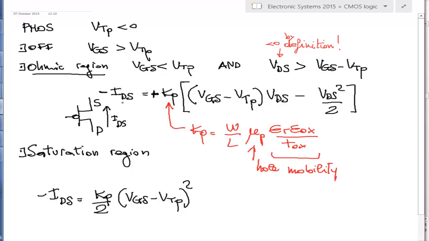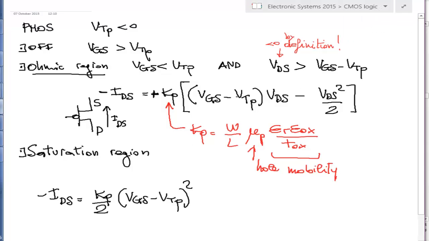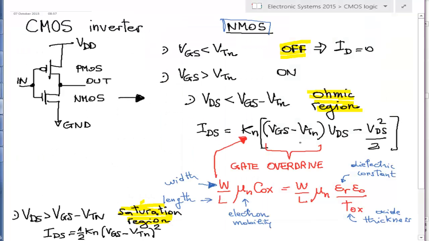Let's consider it in the case of the inverter. If you look at these IV characteristics of the PMOS, and you look at the same characteristics of the NMOS, you see that you can have perfectly symmetric behavior of the PMOS and of the NMOS if just two conditions are satisfied: if Kn is equal to Kp, and if Vtn is equal to minus Vtp.